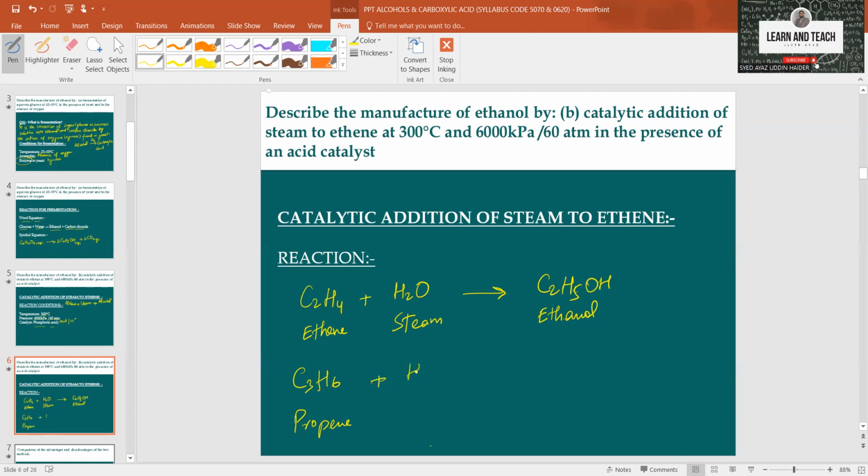Now, if we add steam to this propene, you will get the alcohol C3H7OH, and the name will be propanol. Remember, the name of the alcohols end on ol, just like alkenes and alkane. Alkenes, their name ends on ene.